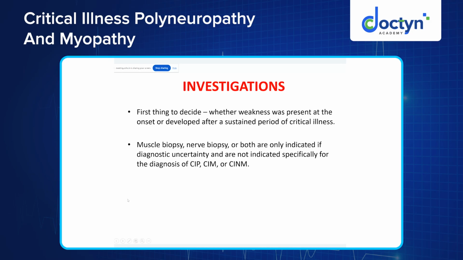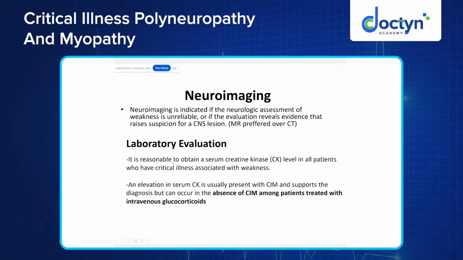Until you rule out all the other probable etiologies, you don't just go straight away for a muscle or a nerve biopsy. Neuroimaging is indicated if the neurological assessment of the weakness is unreliable or if the evaluation reveals evidence that raises the suspicion for a CNS lesion.